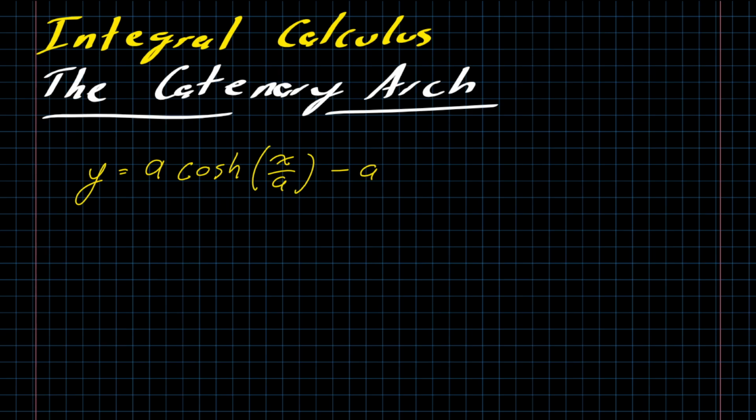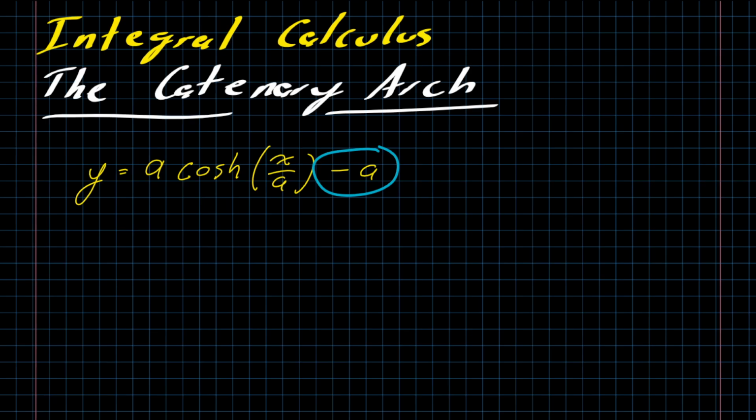the equation for the catenary arc. y equals a times the cosh of x over a, minus a. I want to point out before I do anything else that the minus a right here is actually arbitrary.